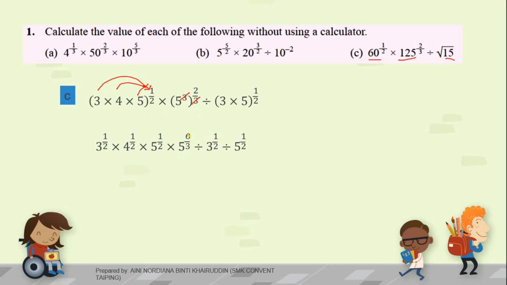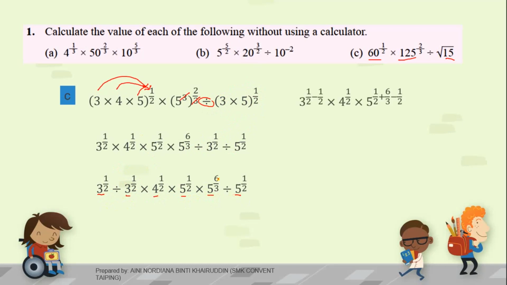So this is actually 6 divided by 3 is 2. Divide by 3 to the power of 1 over 2. Divide by 5 to the power of 1 over 2, because this is bracket and this is 5. Then grouping all the same base here. So this is base 3, base 4 and base 5.